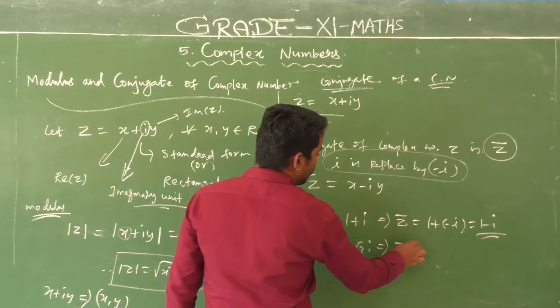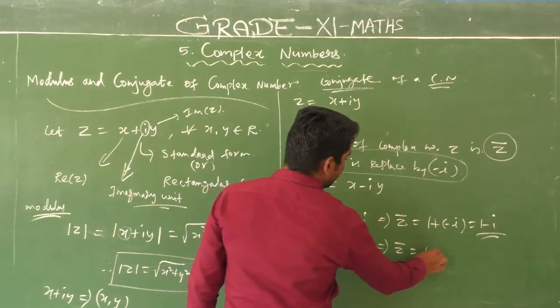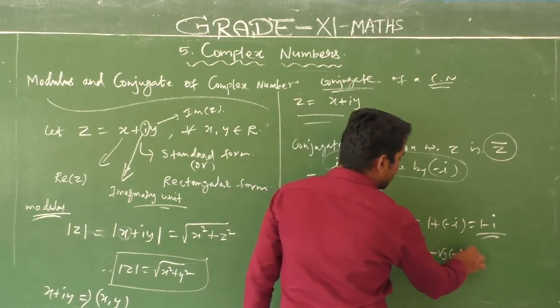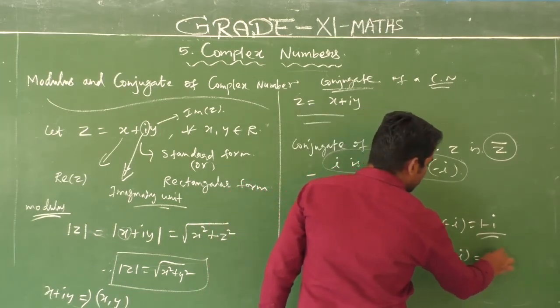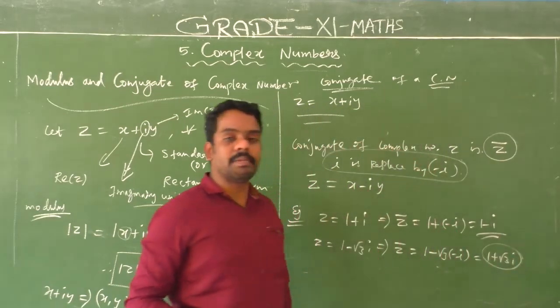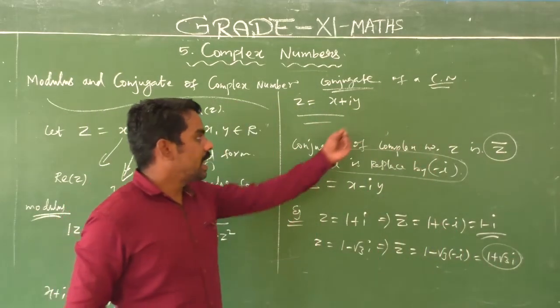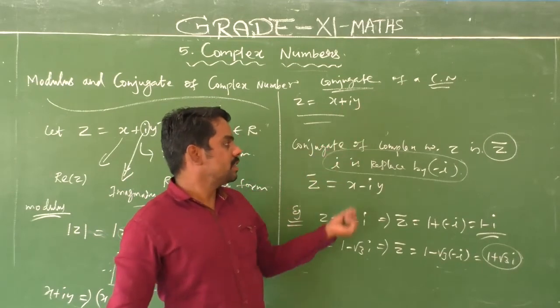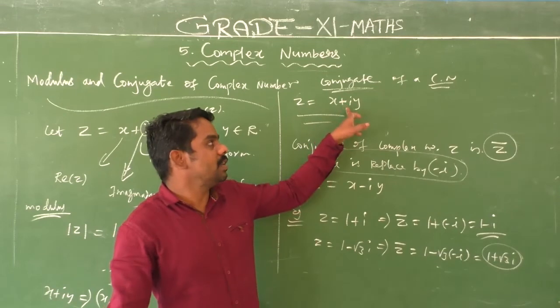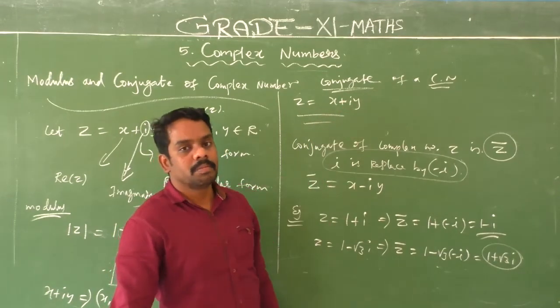Then z bar is 1 minus root 3 into minus i. Minus into minus is plus, so 1 plus root 3 i. So if the i value is positive, the conjugate has it negative. Suppose it is negative, then it is written as positive i.